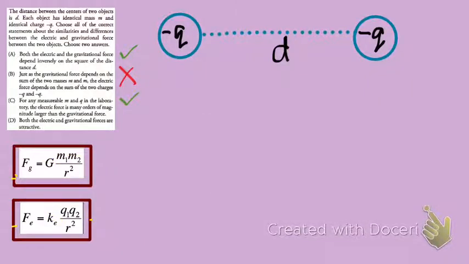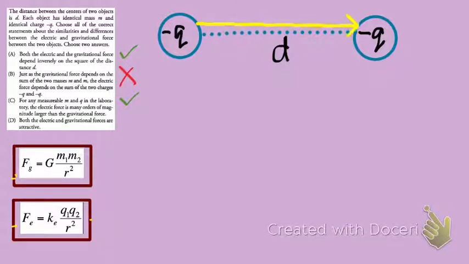Let's double check D to make sure that we're on the right track. D says both electric and gravitational forces are attractive. Well, we know that the gravitational force is always attractive. Can you imagine a negative gravitational force? That doesn't make sense.